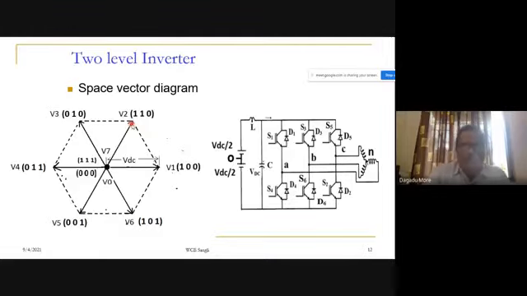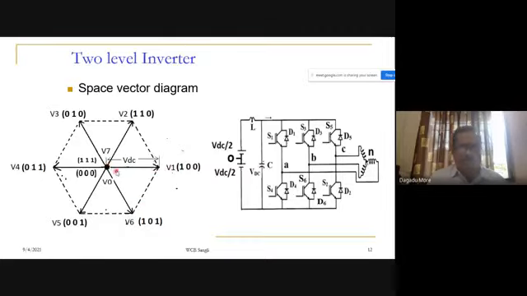In case of 180 degrees mode of conduction, our space vector is not continuously rotating. Is it clear? In case of this two level or 180 degrees mode of conduction, or the square wave mode or 6-step mode, we have seen that this space vector V6 will remain how many duration? 60 degrees at this instant, and instantaneously it will shift from V6 to V1.